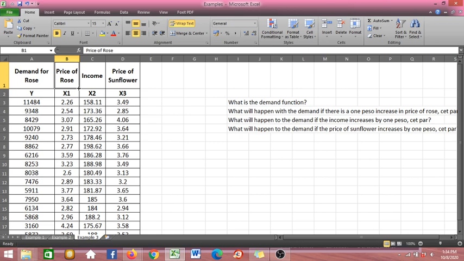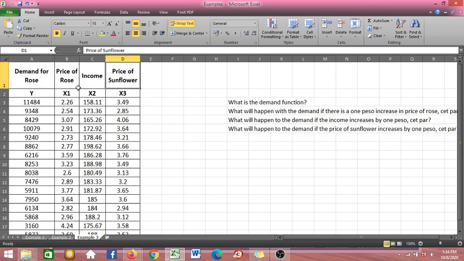and vice versa. For the income, we have normal and inferior goods. For normal goods, when our income increases, our demand for rose will also increase. And when income decreases, our demand for rose will decrease. And we know that rose can be considered a normal good.